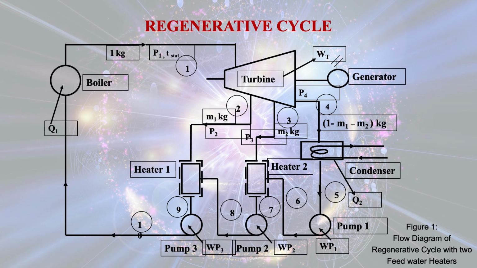Now, dear learners, please see the diagram. This is the flow diagram of regenerative cycle with 2 feed water heaters. You just see that 1 kg of steam coming out from the boiler enters at state 1 into the turbine. The pressure at state 1 for the steam is P1.